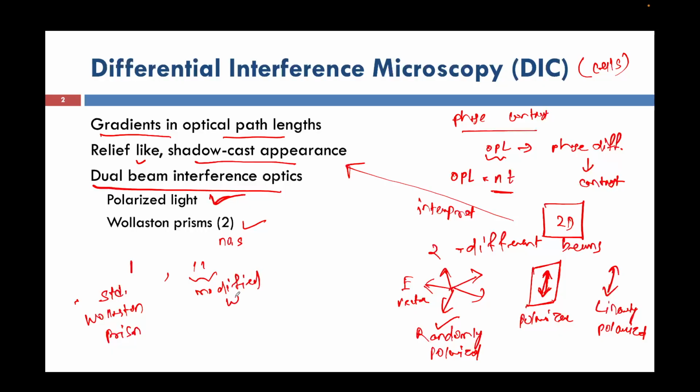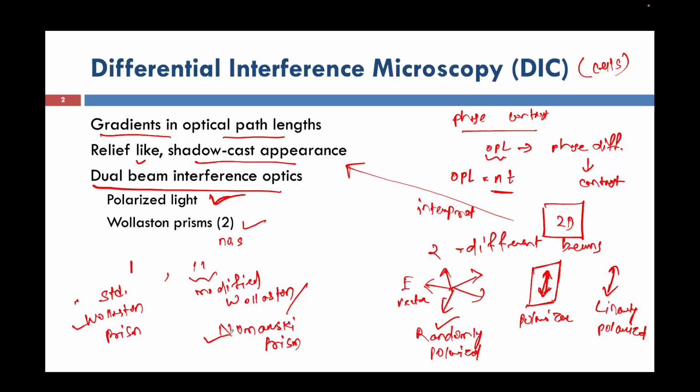We'll see why they call that. The modified Wollaston prism is sometimes also called the Nomarski prism. So this is the Wollaston prism and this is the Nomarski prism. This is the basic idea of our differential interference microscopy.